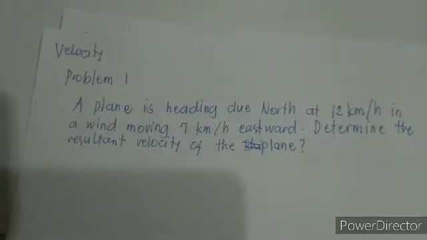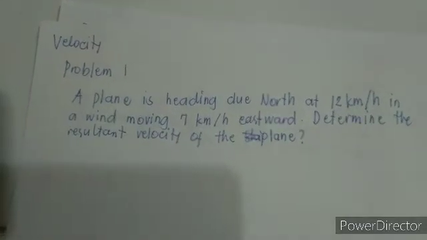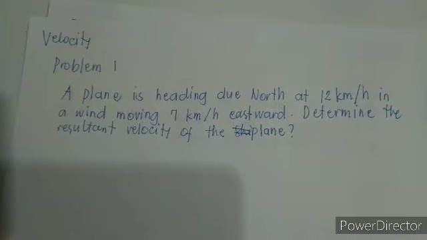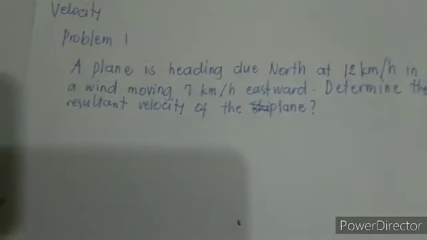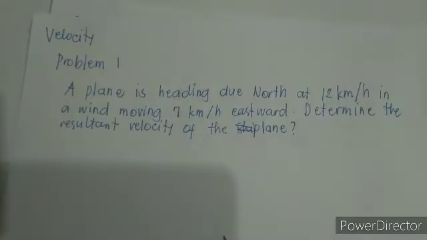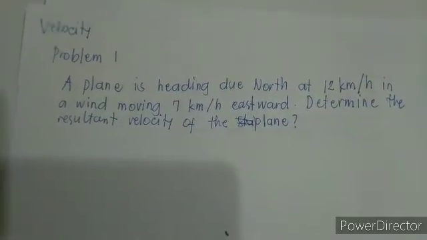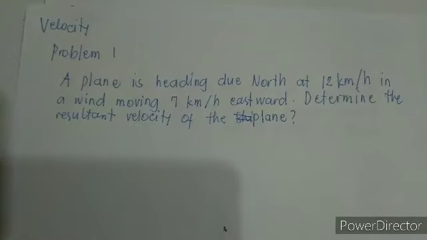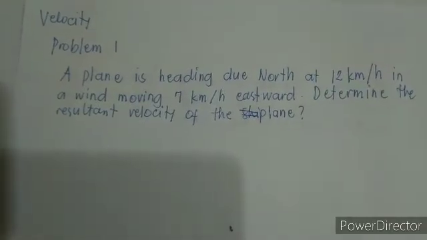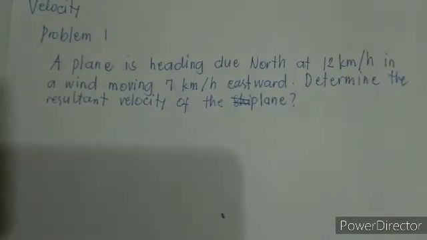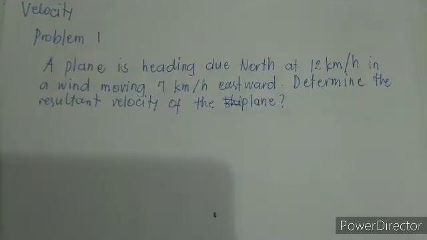Lastly, we will solve for the velocity. Problem number 1. A plane is heading due north at 12 kilometers per hour in a wind moving 7 kilometers per hour eastward. Determine the resultant velocity of the plane. So, in this problem, we have different directions. Let's illustrate it first.